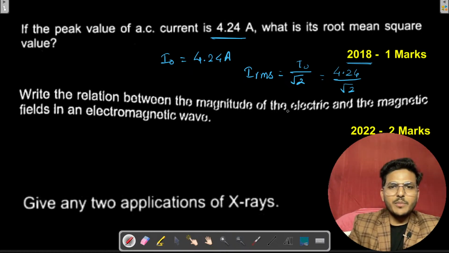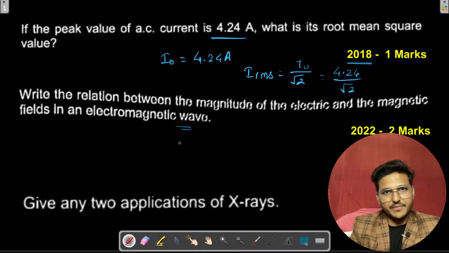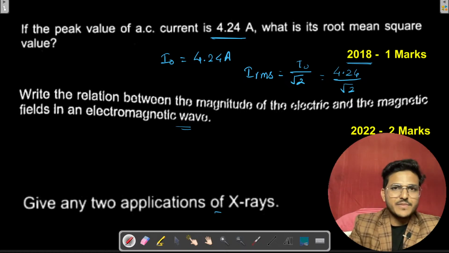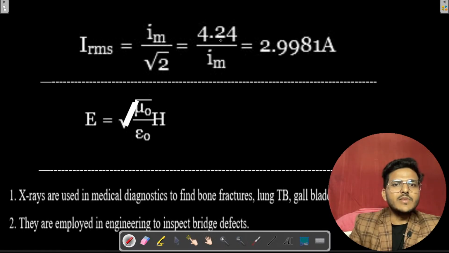Write the relation between the magnitude of the electric and the magnetic fields in electromagnetic waves. And third, give any two applications of X-rays. The relation is E equals c times B, where c is 3 times 10 to the power 8, that is 1 upon under root of mu naught epsilon naught.